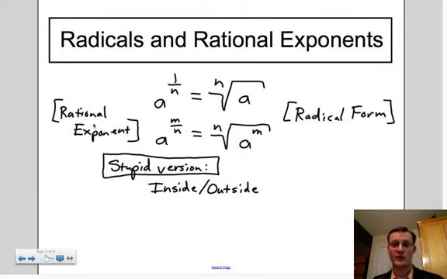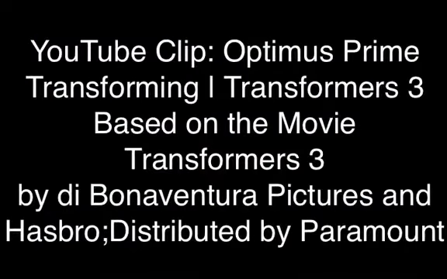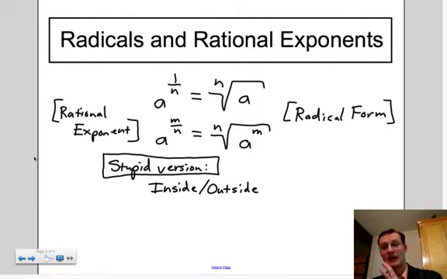Now, you can transform back and forth between both of these, between rational exponent form and radical form. And of course, from that clip, you can see transformers going back and forth. So the stupid version, inside, outside, and that'll make a little bit more sense when we get into this.